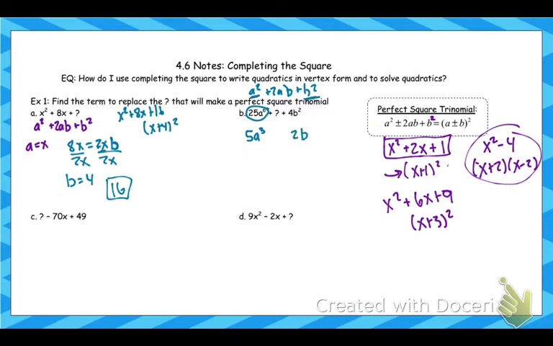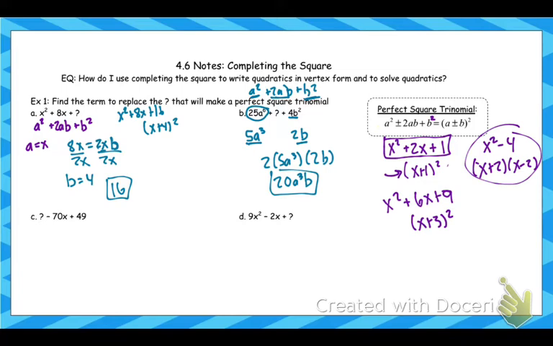It's the square root of both of those terms. So the middle term is 2 times a times b. That gives me 10 times 2 is 20a cubed b. So that means that 25a to the 6th plus 20a cubed b plus 4b squared would factor into a perfect square trinomial where you just have that binomial squared.